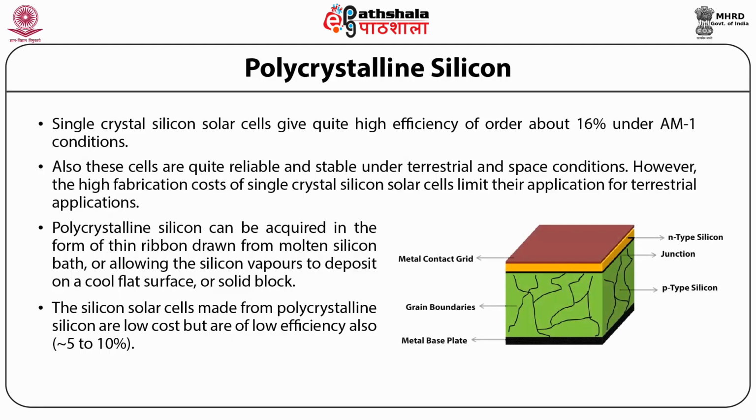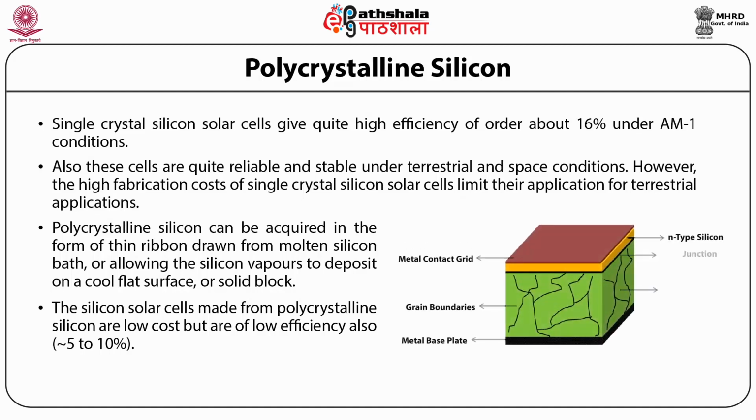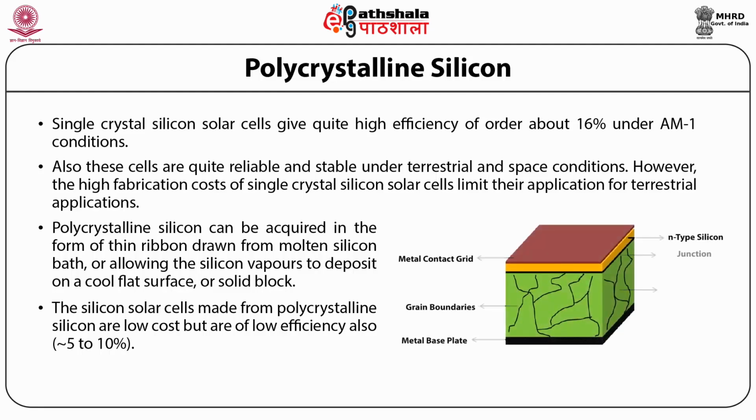In a p-n junction solar cell, the polycrystalline silicon film can be deposited by any one of the techniques like dipping, chemical vapor deposition, and vacuum evaporation on various substrates like graphite, glass, ceramic, sapphire, metallurgical grade silicon, and metal.